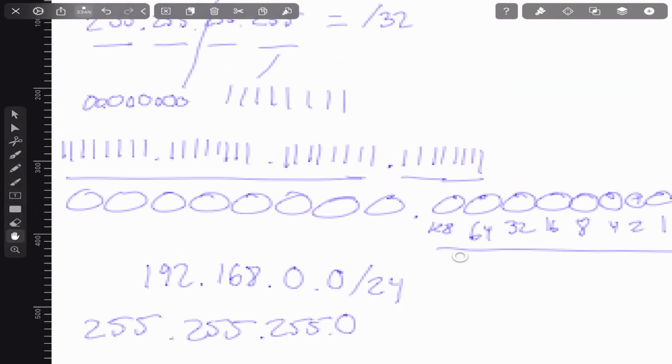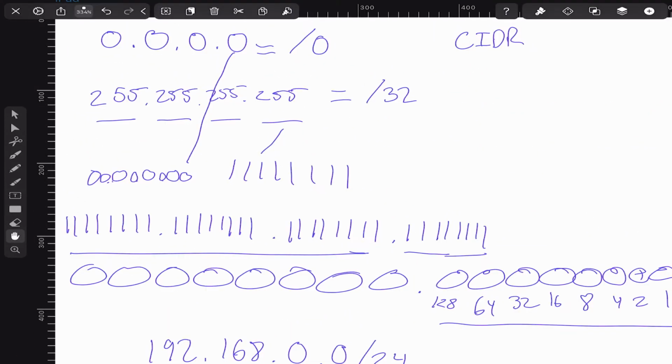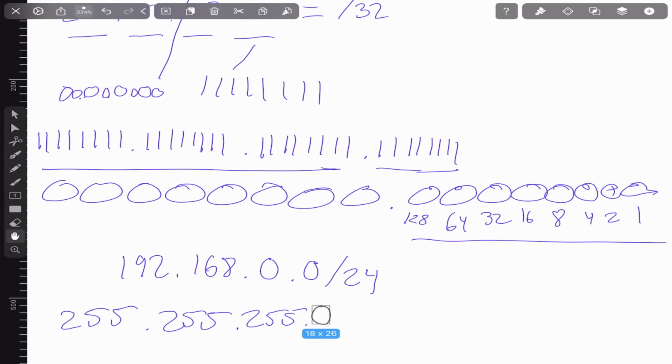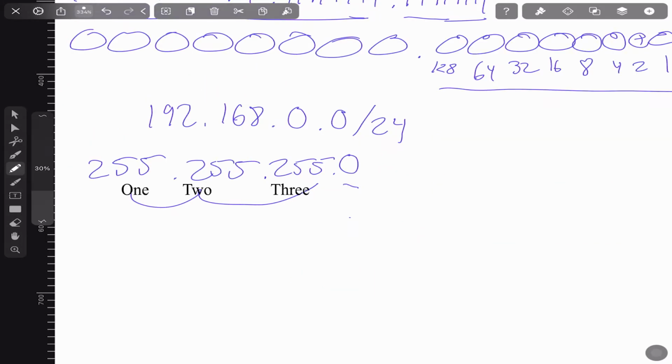Because, remember, there's 32 bits, and 1, 2, 3, up to 24 of them are used. So these 3 octets, so there's already 2 things here that you can see.